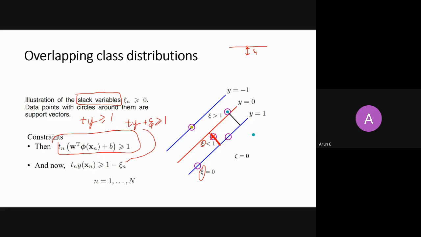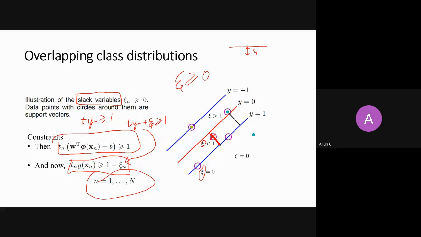Hence you can write this constraint this way: you bring psi to the right-hand side and say that tn into yn should always be greater than or equal to 1 minus psi for each n, right? The constraint is that these special numbers should always be greater than or equal to 0. They are equal to 0 when things are on the right side.